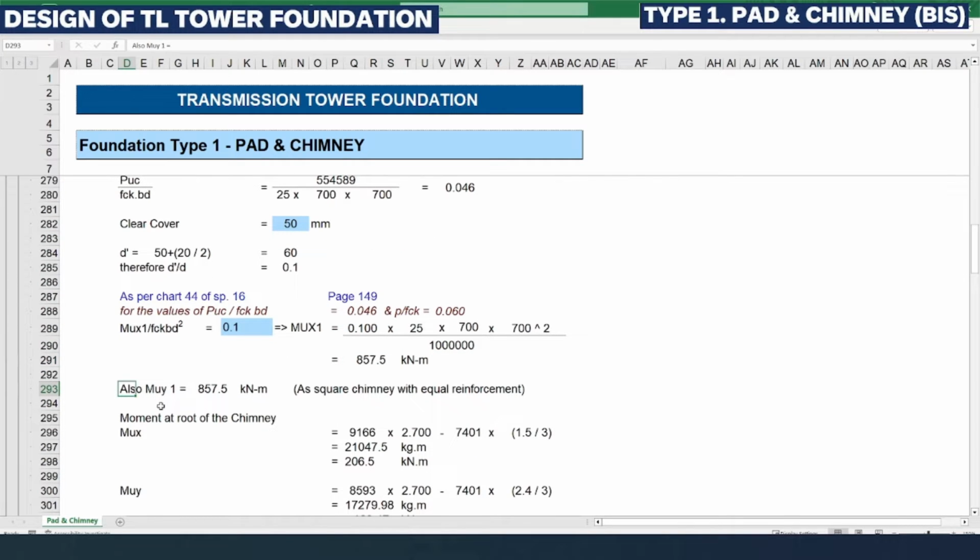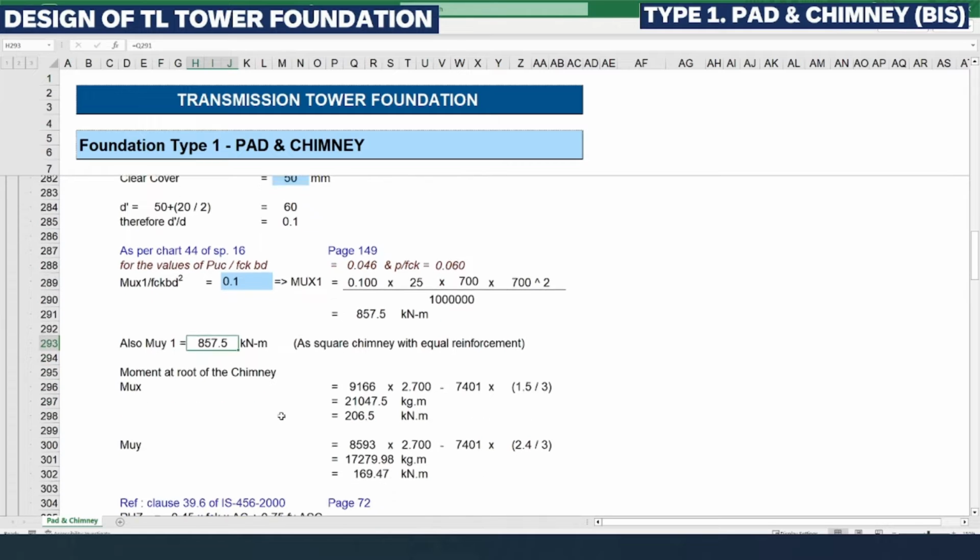As this is a square chimney having equal reinforcement, the bending moment capacity we calculated in the x direction is applicable for the y direction also. So Muy1 also we are considering as the same, 857.5 kilonewton meter.